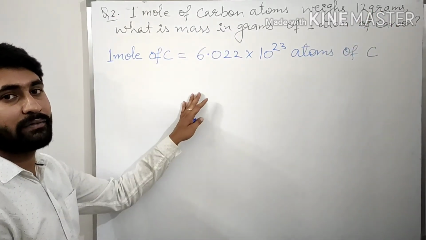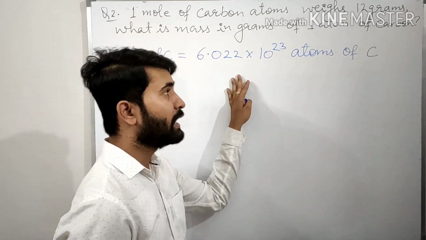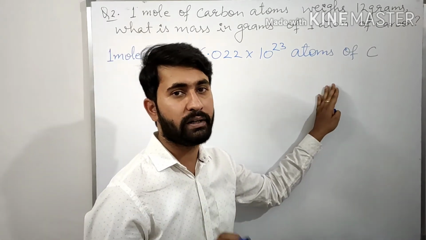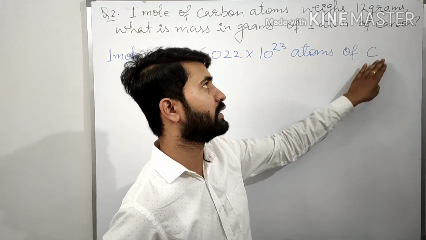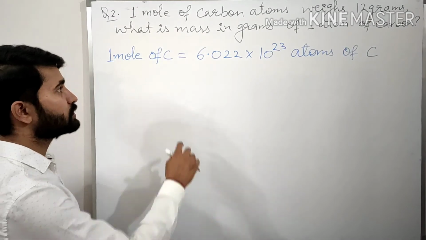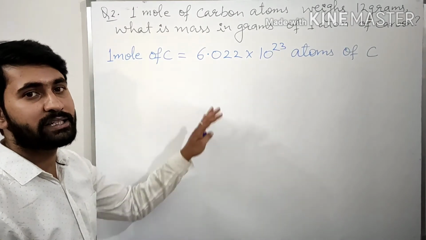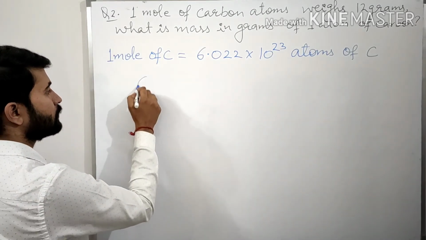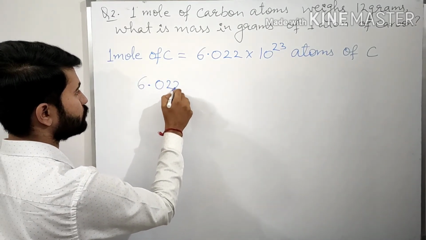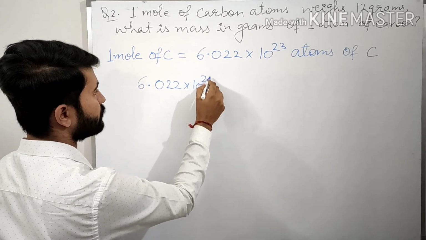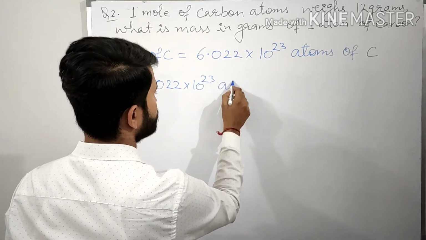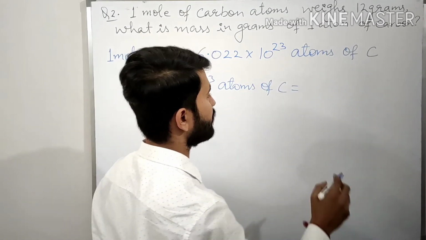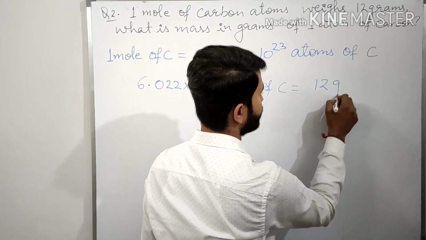So from here we can conclude that the mass of 6.022 into 10 to the power 23 atoms of carbon is equal to 12 grams, because 1 mole has 6.022 into 10 to the power 23 atoms. Okay. Now 6.022 into 10 to the power 23 atoms of carbon has a weight of 12 grams.